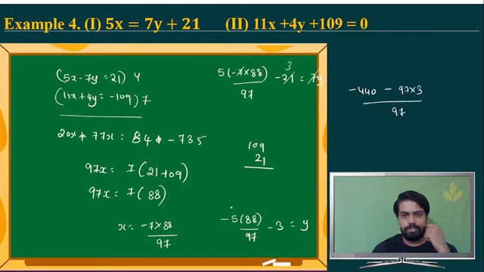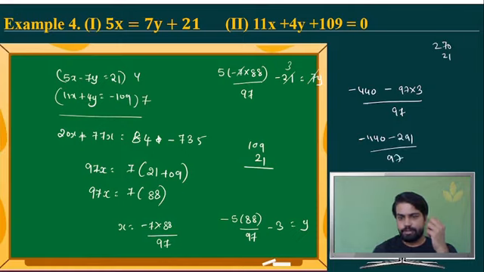Now we have the same denominator for both of them. Before multiplying, let me find the value of this. This is minus 440 minus 3 into 97, which is 291, by 97.